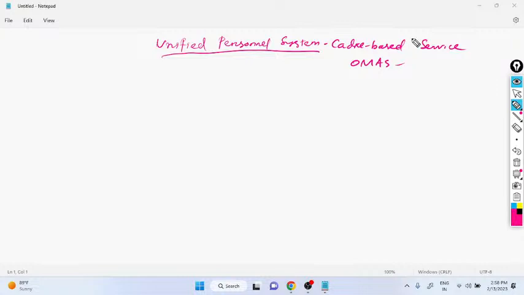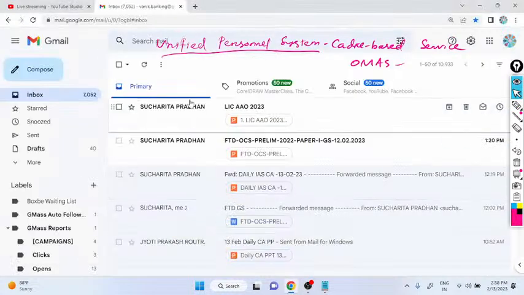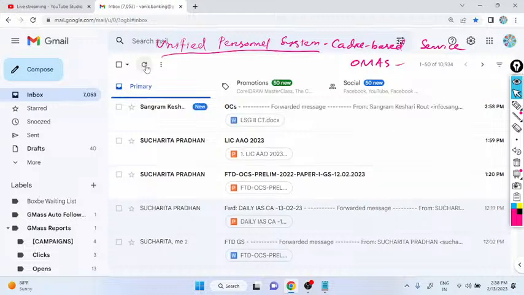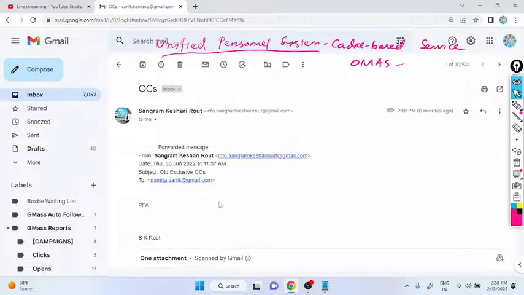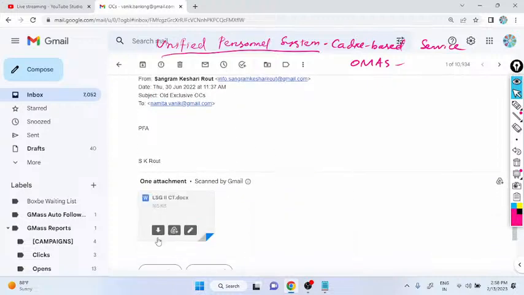So that is the thing about the urban municipal system. In unified, we can take the example of OMAS. So OMAS is a type of unified personnel system. Another is your integrated personnel system.